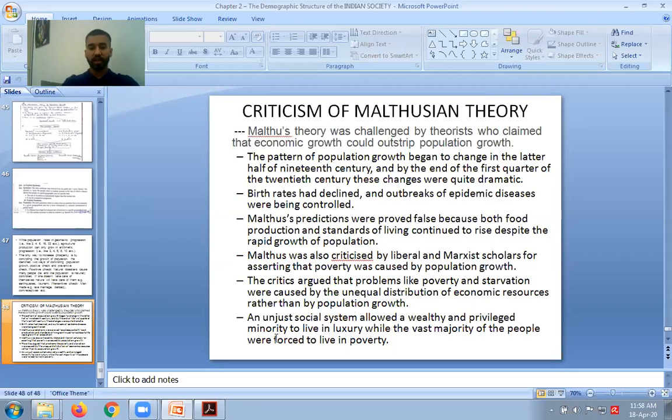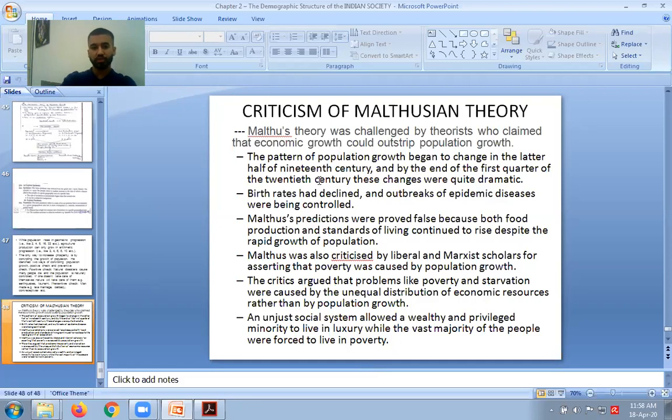They also said that an unjust social system allowed wealthy and privileged minorities to live in luxury, while the vast majority of the people were forced to live in poverty. This point is linked to the previous one: only a few people have the resources and are dominating, while many people have less resources or no resources. So it's unequal distribution, right?